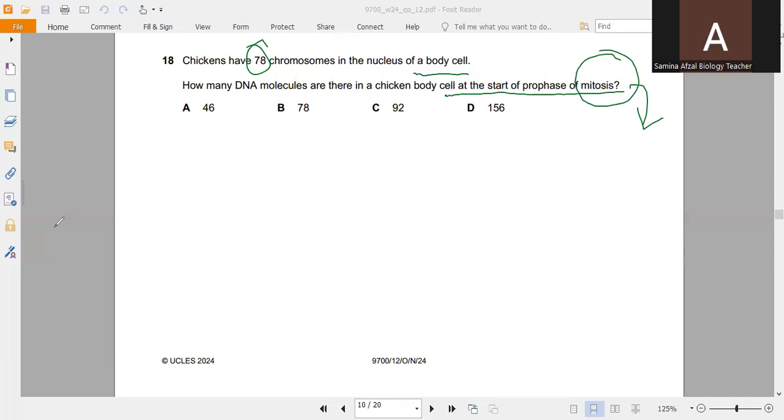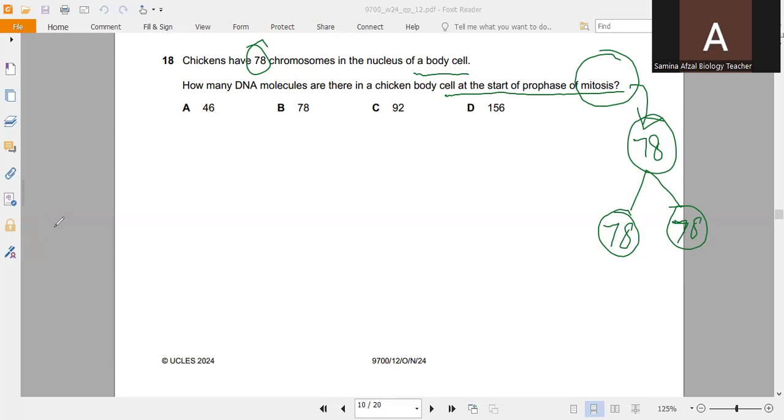So if this chicken has 78 chromosomes, as a result of mitosis, when two cells are formed, both of the daughter cells will have 78 chromosomes.